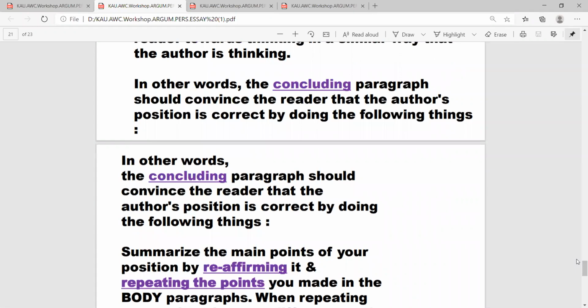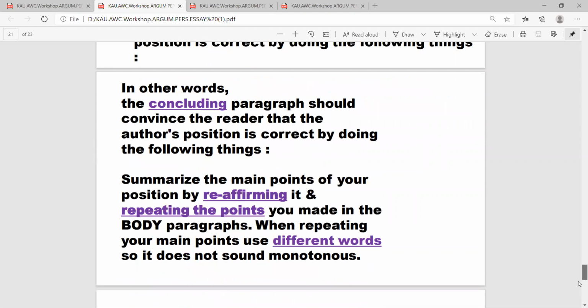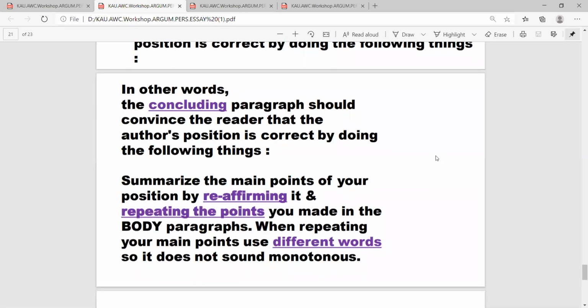Right. By doing the following things, how are we going to convince the reader that your position is correct? Well, summarize the main points you made in the introduction, actually, and the body paragraphs, because there are points that you have made in the introductory paragraphs as well.